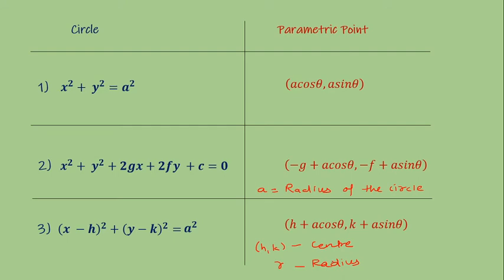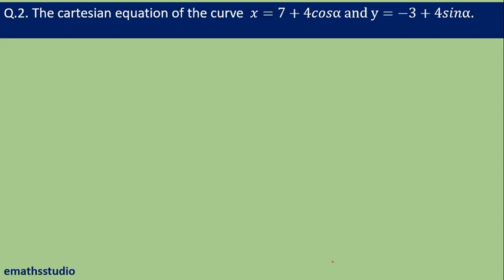Now, just to understand this theory, I am solving one question based on this. The question is, find the Cartesian equation of the curve x is equal to 7 plus 4 cos alpha and y is equal to minus 3 plus 4 sin alpha. So here is the solution.